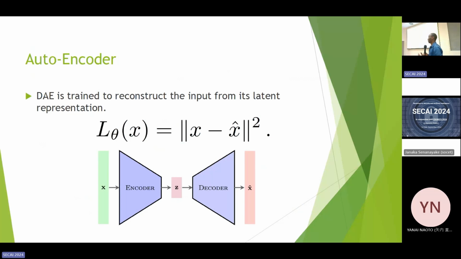So the way it's trained is by minimizing the difference between the original inputs and its reconstruction. And then in anomaly prediction, we will use normal data, learn to reconstruct them.